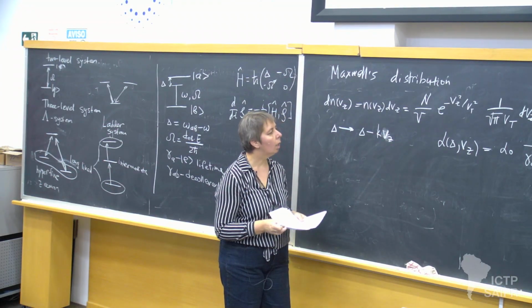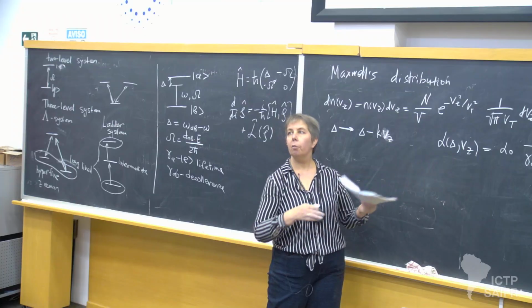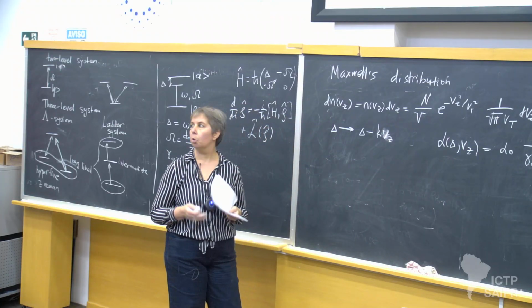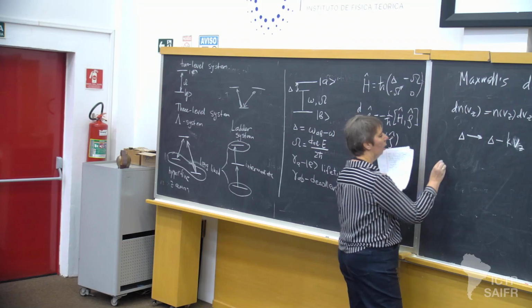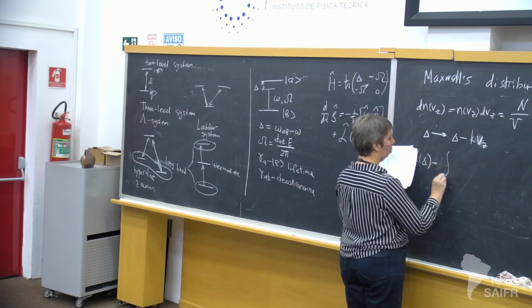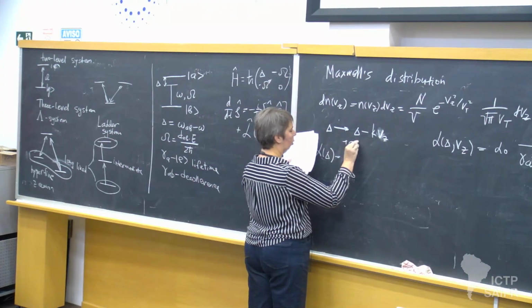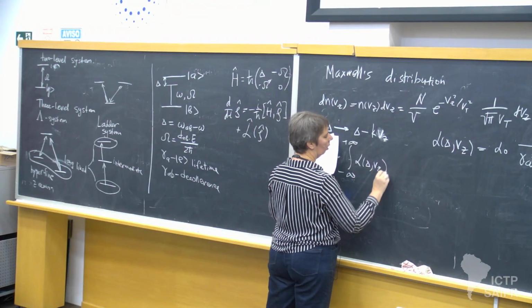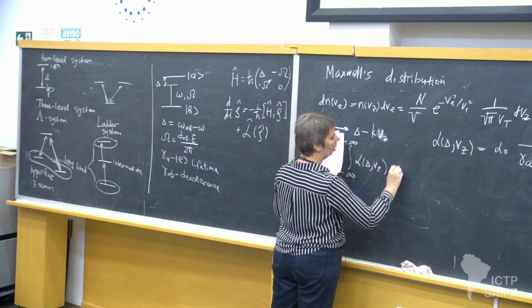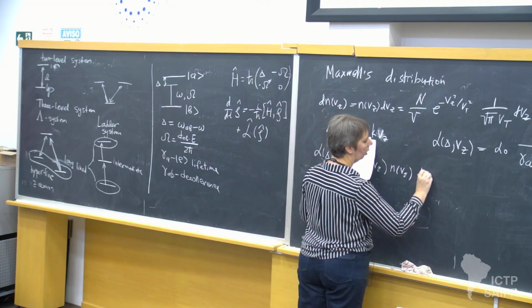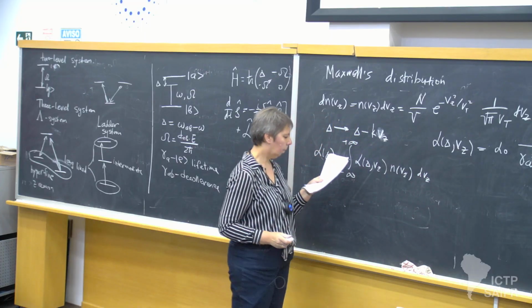All right. So now, if I'm looking for the total absorption, then of course I will need to add the contributions for all the different groups of atoms. And that's going to be the integral over all longitudinal velocities, alpha of delta and Vz, times the number of atoms in this velocity group, dVz.